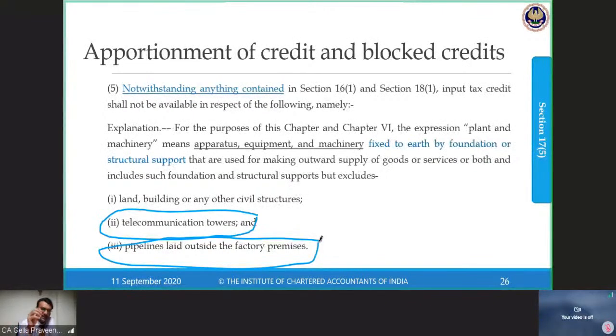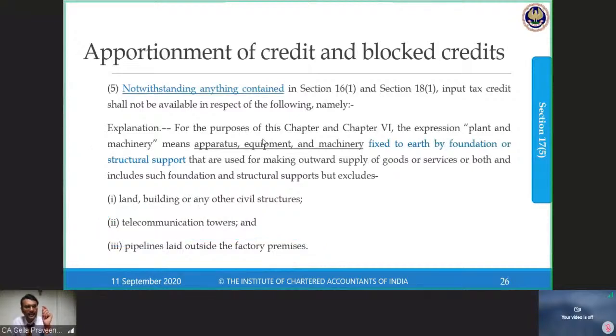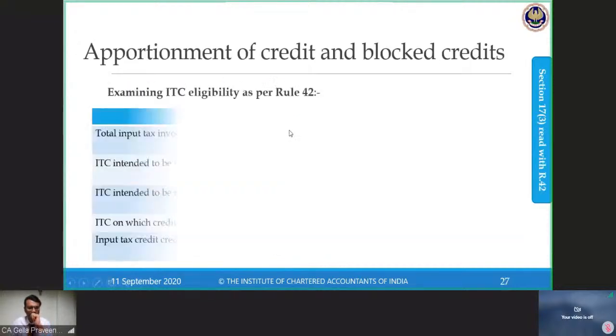Again, if there are any pipeline for laying of gas or fuel outside the factory, within the factory, no issue. If a pipeline or pipelines are laid outside the factory, then they say it is not a plant and machinery, it is an immovable property, then ITC is not eligible. So examination, this is one provision you can expect a question from.